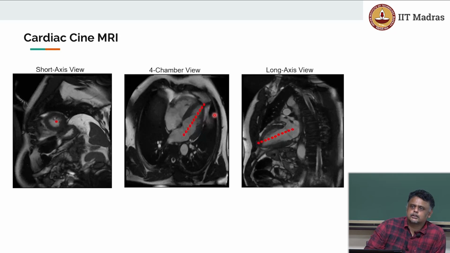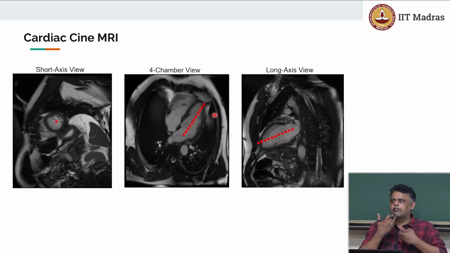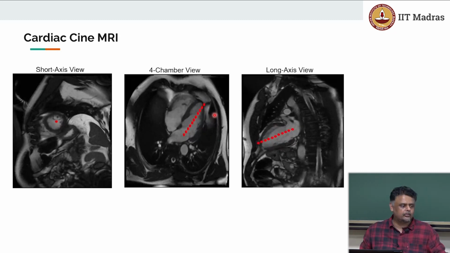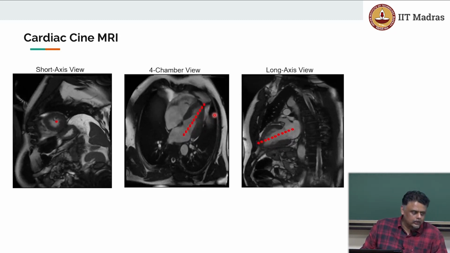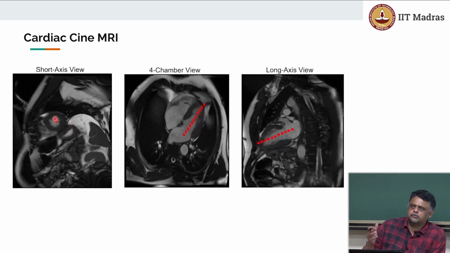So we are just looking at the same beating compartment along different axes. That's all, you don't have to worry about it too much. If you search on this on the web, there'll be a lot of explanations. But right now, you can see that at a particular section of the heart, you can see the blood being pumped in and pumped out. The blood appears bright in these pictures.